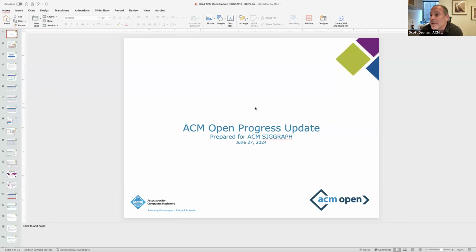So essentially what that means is when ACM flips to a completely open access future, the DL will be open. So anyone will be free to read any article and see any piece of content and use that content in the digital library.